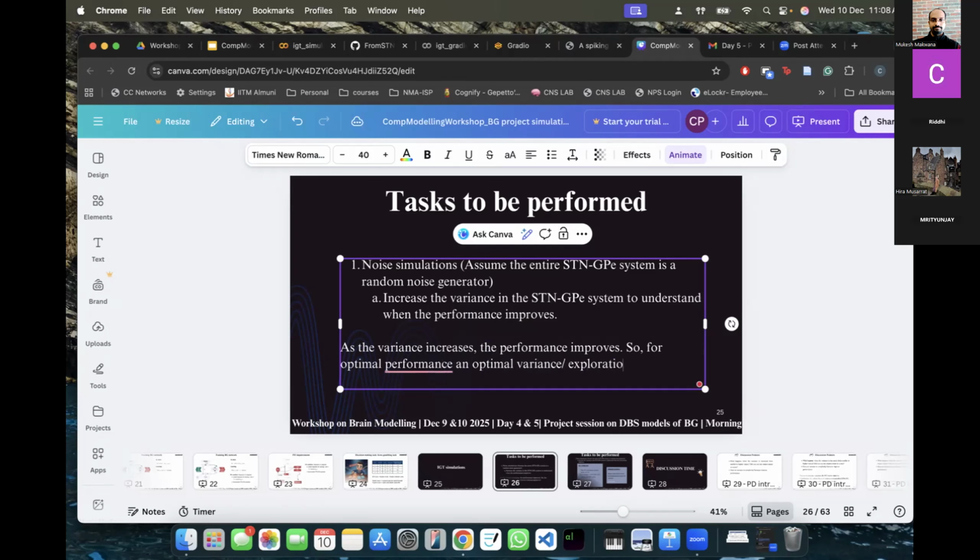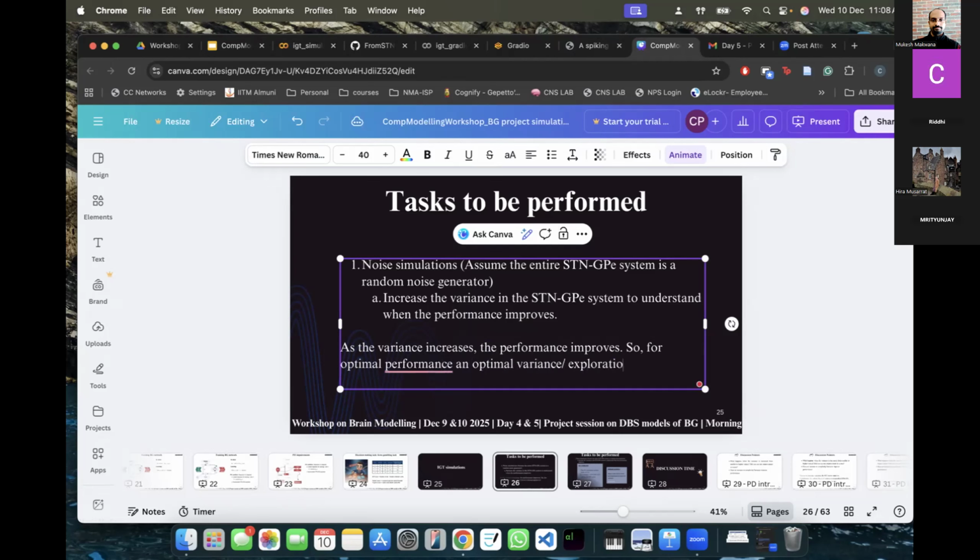Going to the model of the STN-GPE system, as I mentioned, what happens under PD for STN-GPE dynamics? Let's assume this is a 2D grid of GPE neurons. Generally, we take them to be 16 cross 16 neurons, that is 256 neurons. There is an STN 2D sheet of neurons.